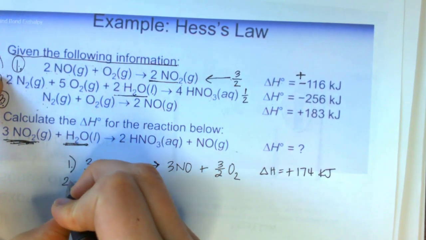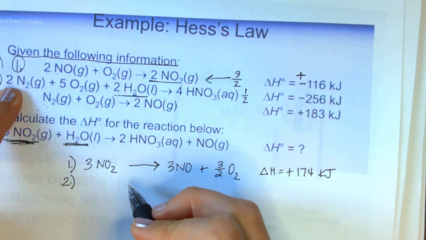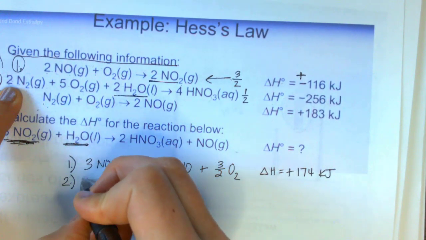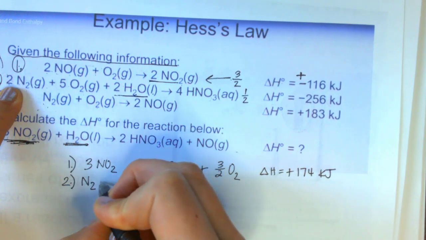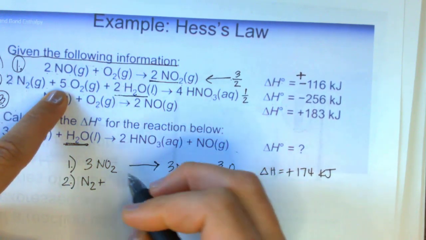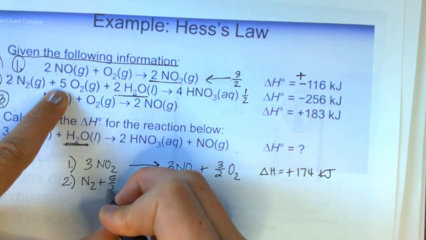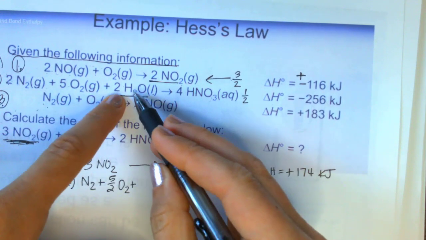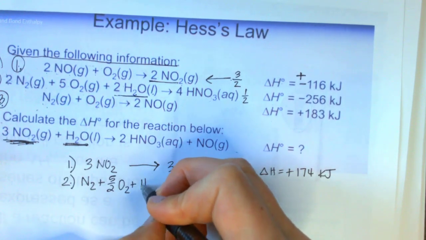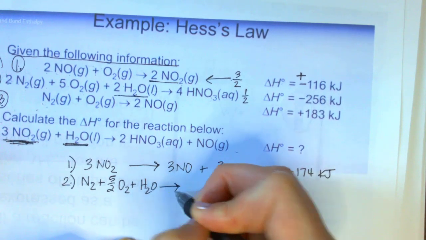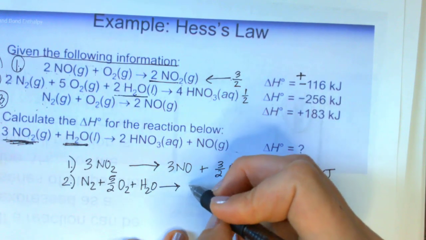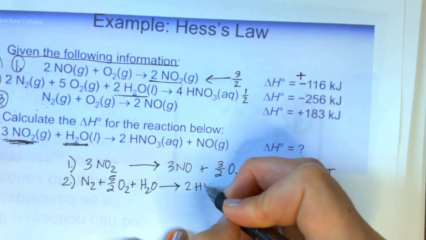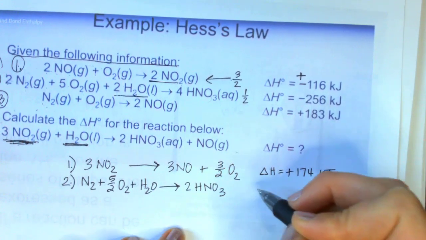Okay, so let's rewrite elementary reaction number 2 with everything cut in half. So half of 2 N2s is 1 N2. Half of 5, let's just say 5/2 of O2, plus half of 2 waters is 1 water. Half of 4 would be 2 HNO3.